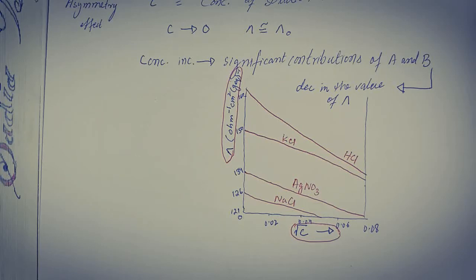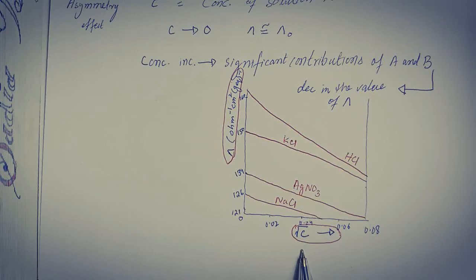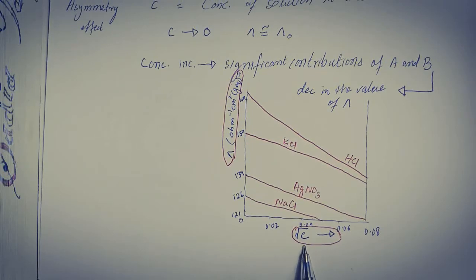And here we plot a graph between equivalent conductance, in ohm inverse centimeter square per gram equivalent, versus the square root of the concentration as given by the equation.